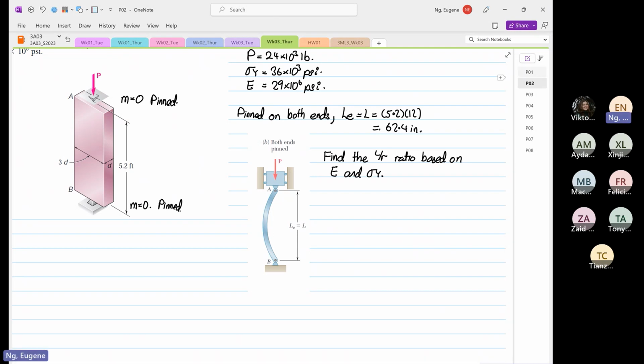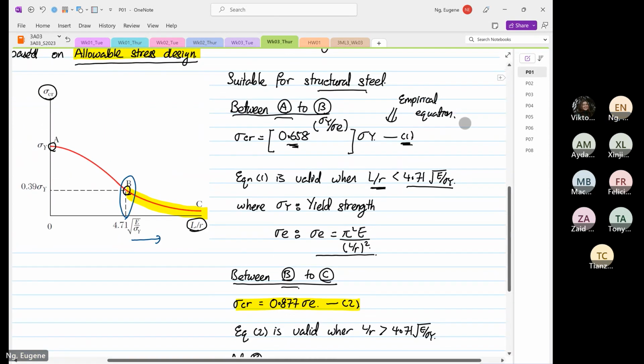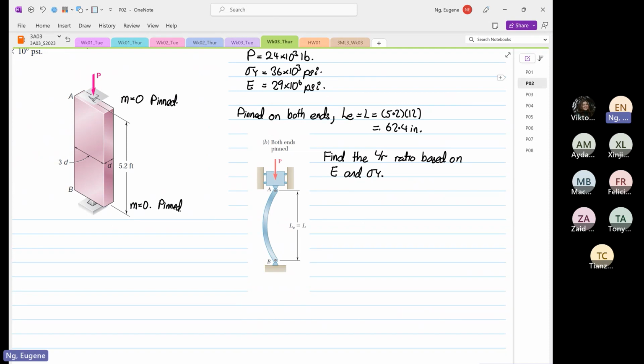If we go back to our notes, the limiting value of L over R is equal to 4.71 square root of E divided by yield stress.